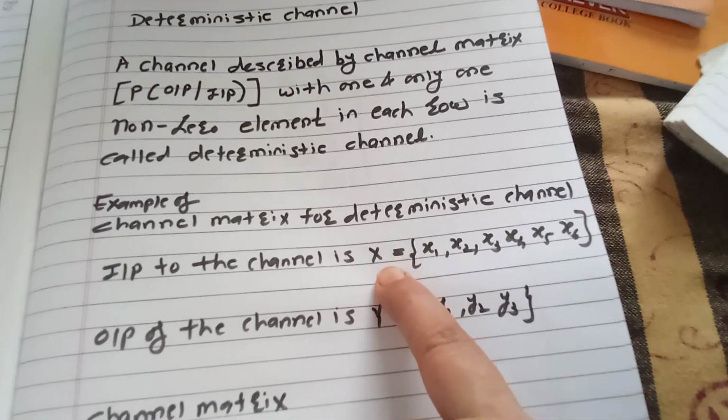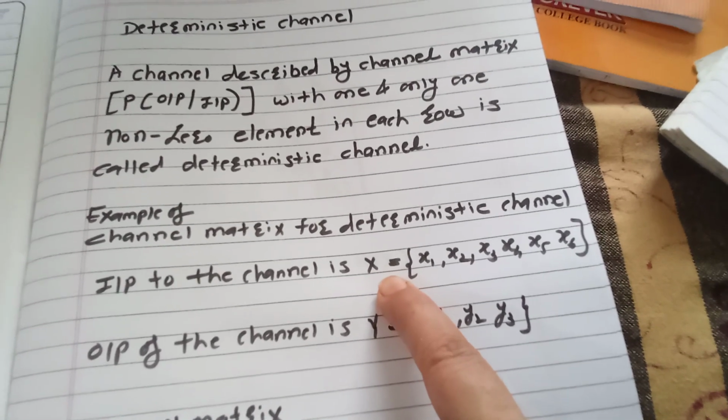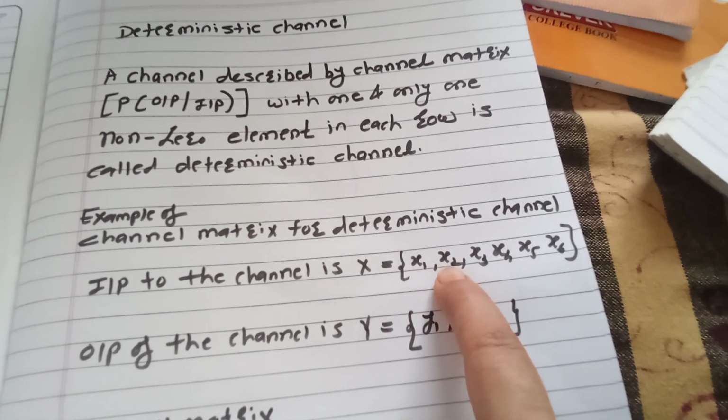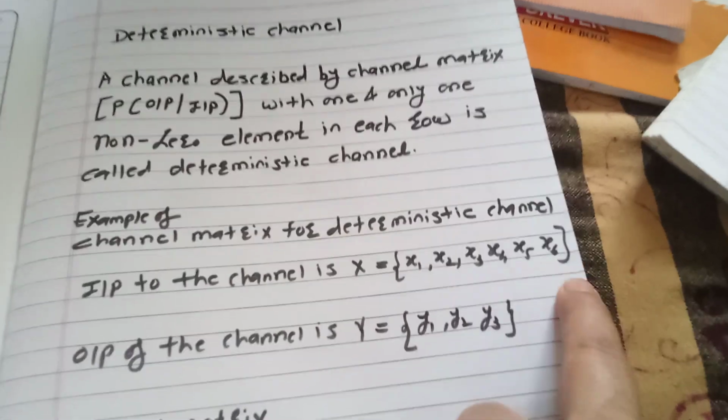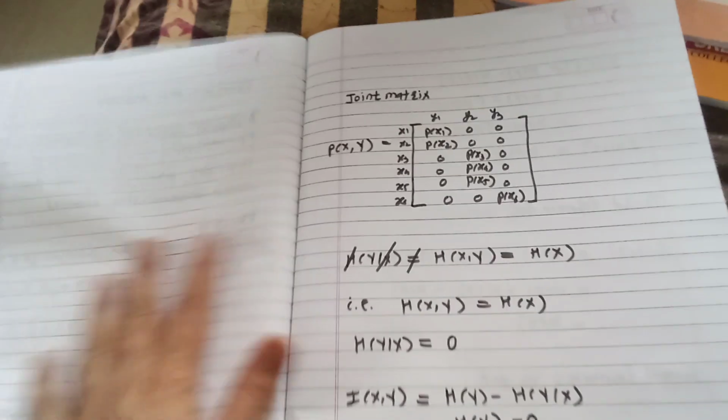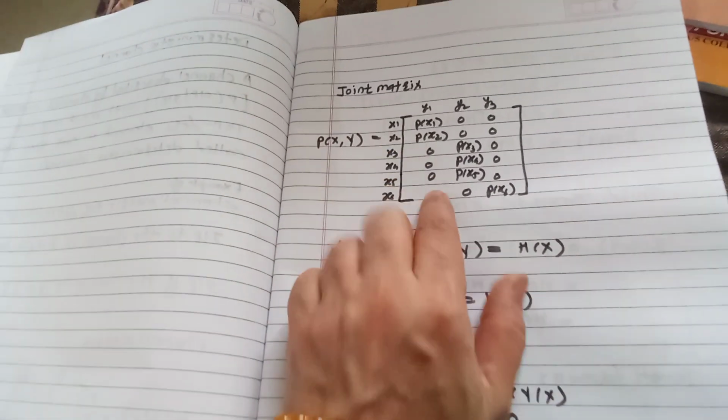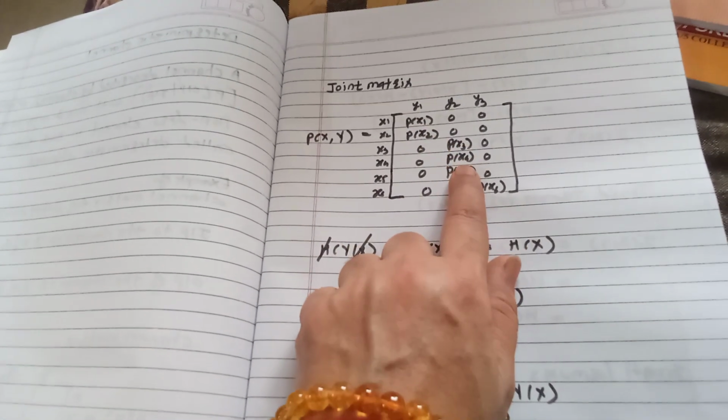So H(X) includes the probabilities p(x1) to p(x6). In the same way, H(X,Y) will include the probabilities p(x1) to p(x6).